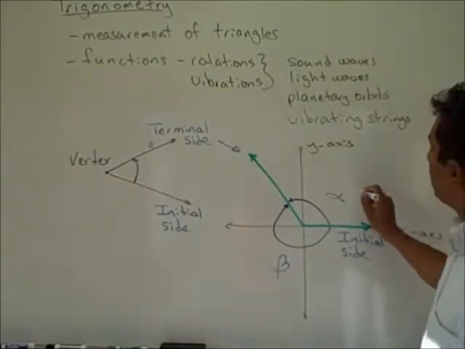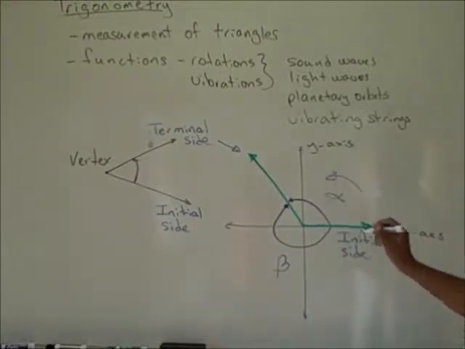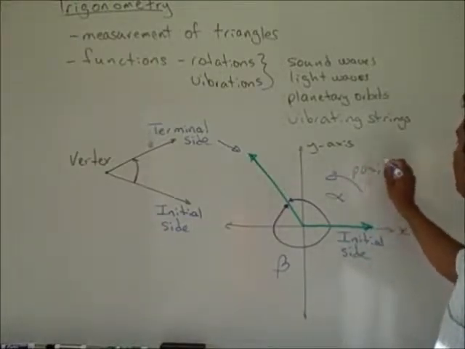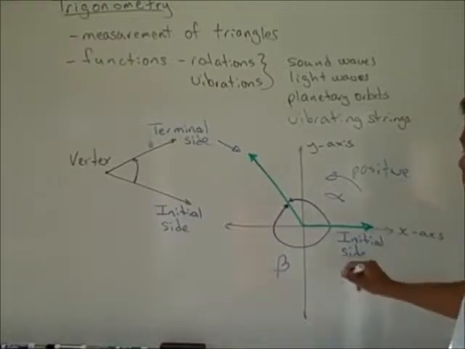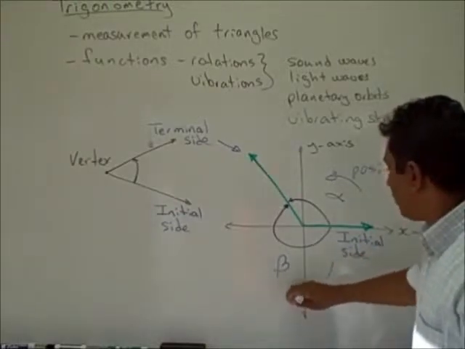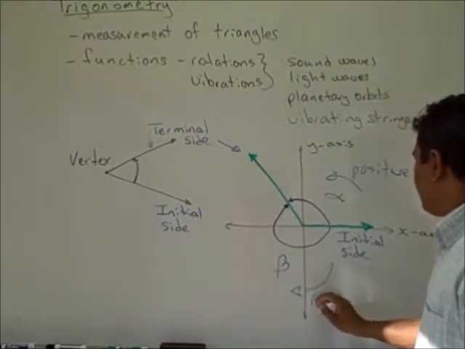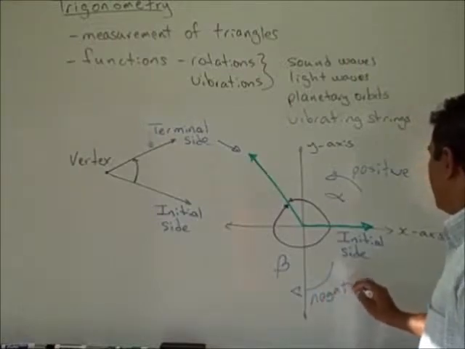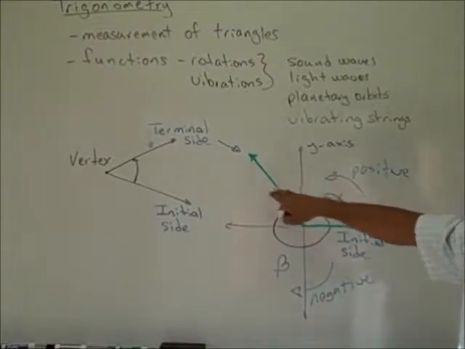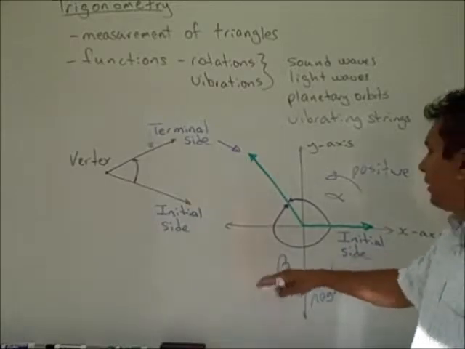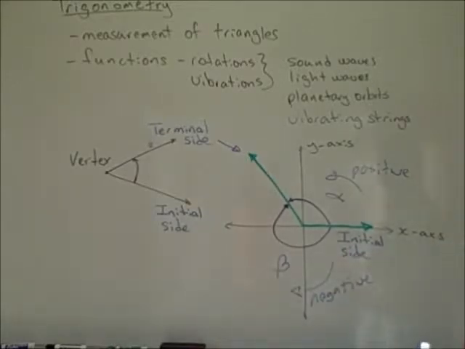Angles in a counterclockwise direction are positive, and angles in clockwise directions are negative.